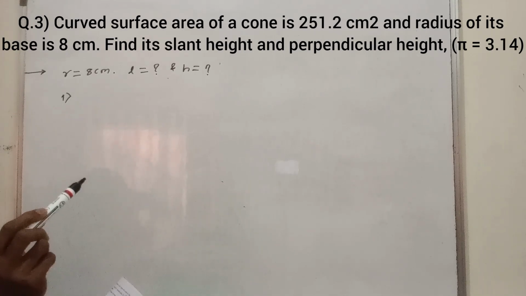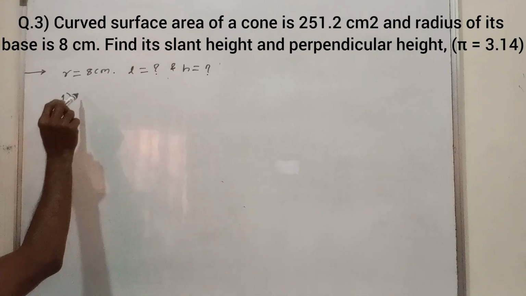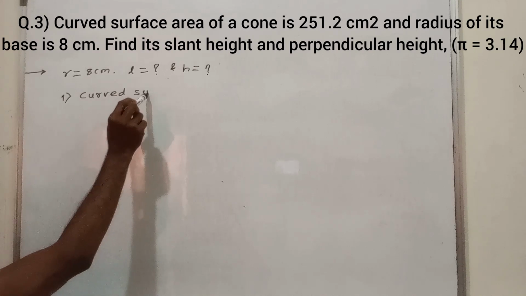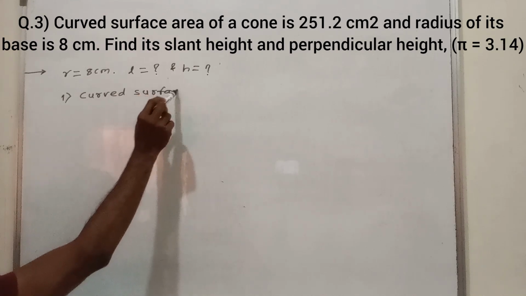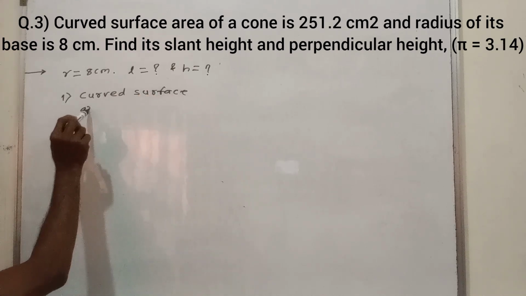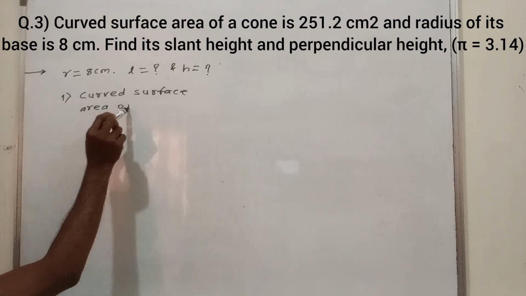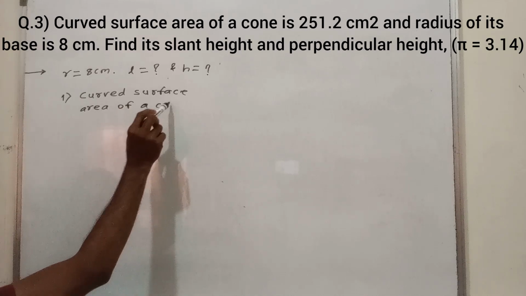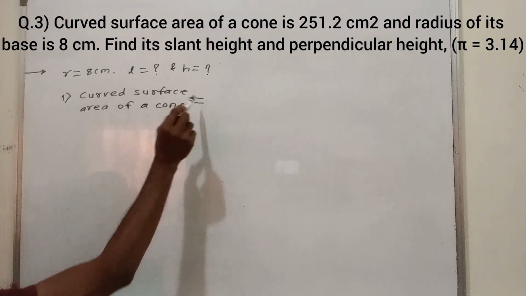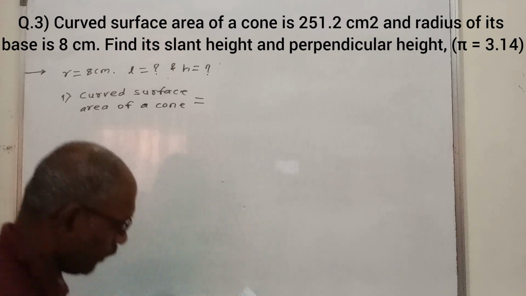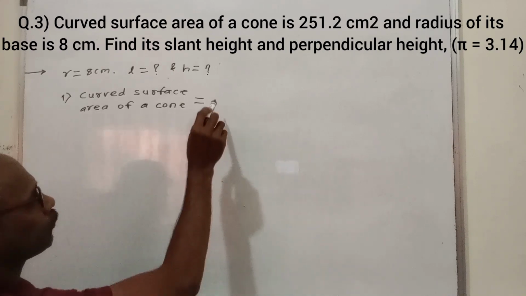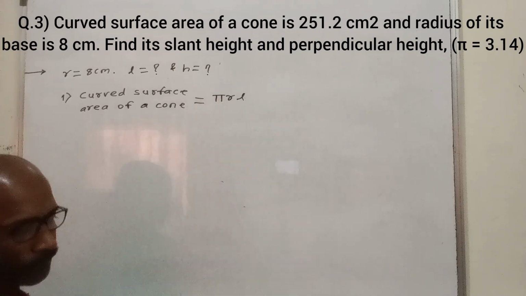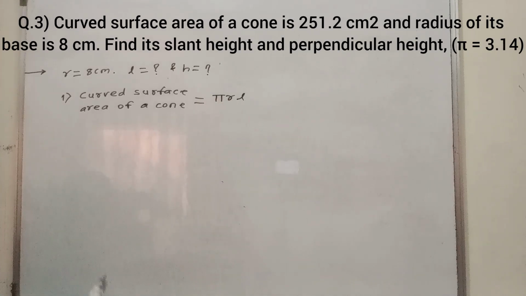What is curved surface area of a cone? Curved surface area of a cone is equal to pi r l. Okay.